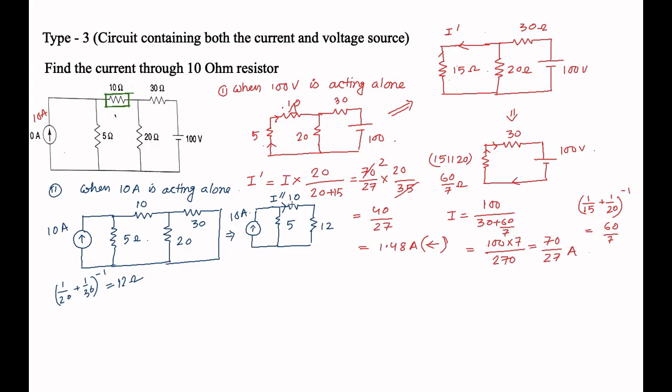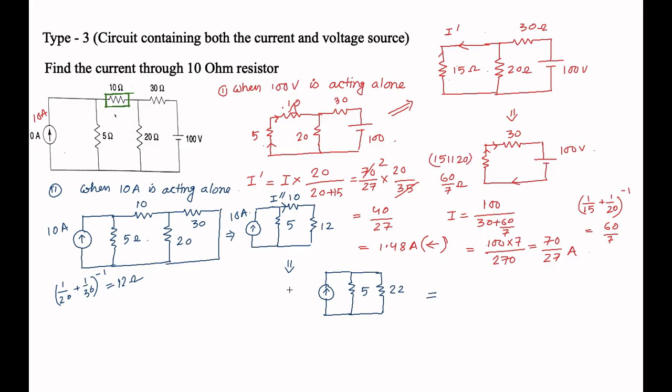So we redraw this circuit: this is your 10 ampere, this is your 5 ohm, and this is your 22 ohm. Whatever current flows through the 10 ohm also flows through the 12 ohm, and as they are in series, that current also flows through the 22 ohm.